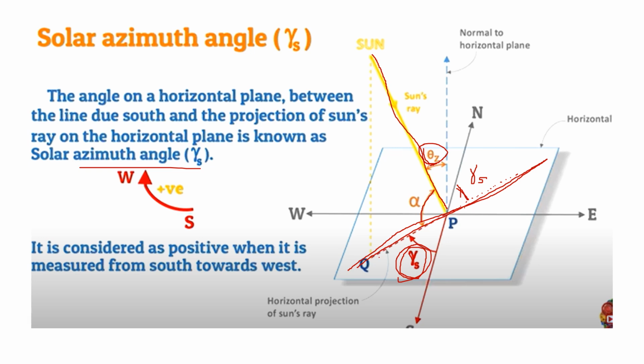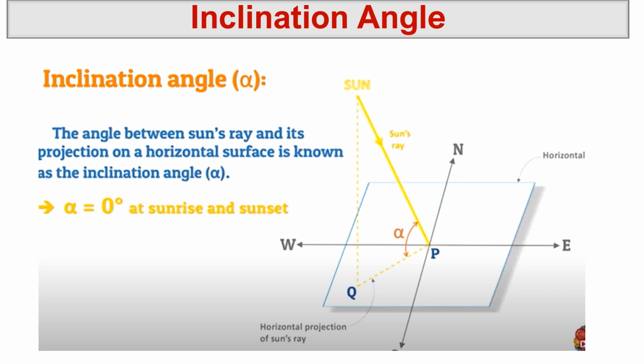As I said, you place one horizontal line, and from the horizontal line, how much angle the falling solar radiation is making, that is alpha. So we are talking about the inclination angle, and I'm explaining it one by one.